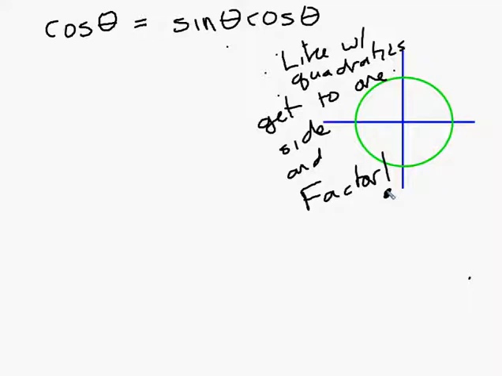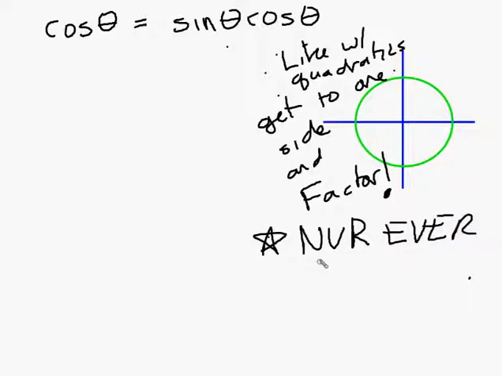With trigonometry, this next thing I'm going to write is very, very important. Never, ever divide by a trig function. I can use division, like I could divide by a 2 or a 4. But I'm not going to want to divide by a trig function.